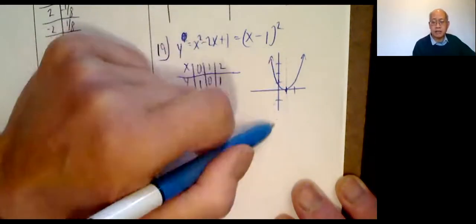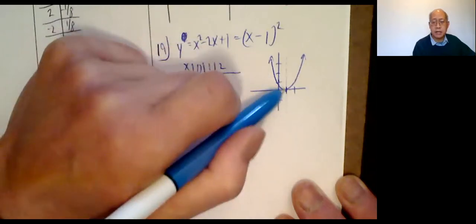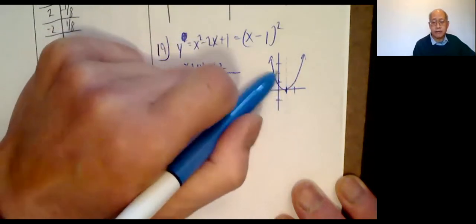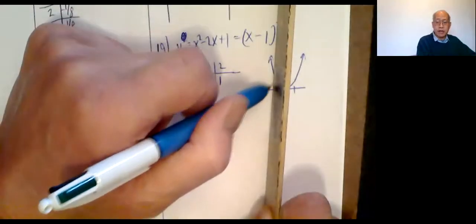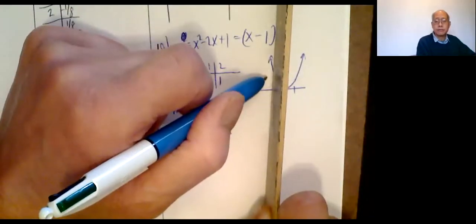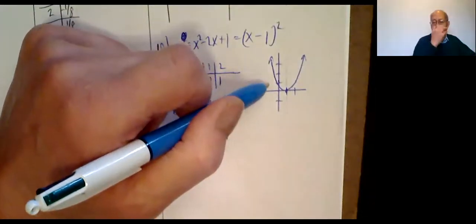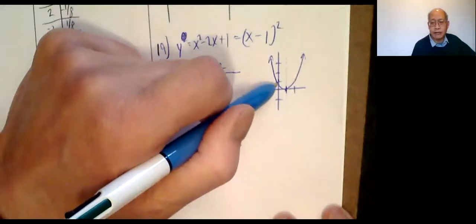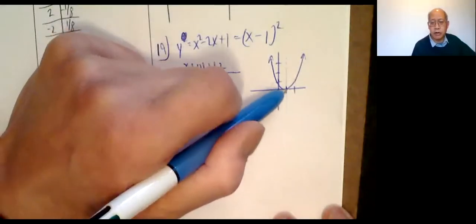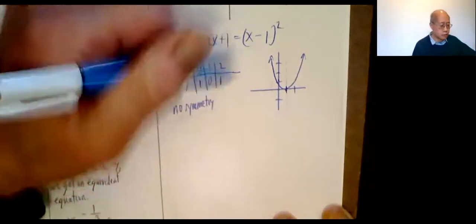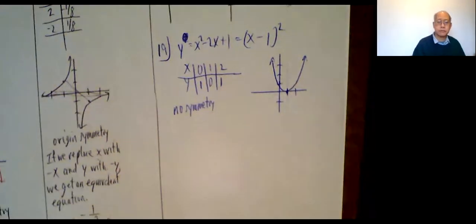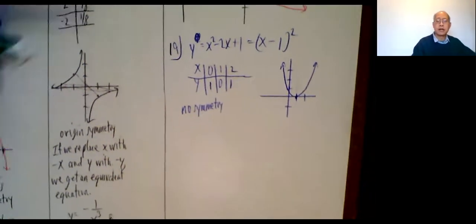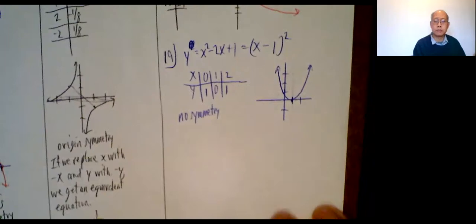And this is not a reflection across the y-axis, right? If I put a mirror right there, then I'm supposed to get something over here like that, but I don't. And it definitely doesn't have origin symmetry. Otherwise, I'd have to reflect across the origin and get a point over here. And this one should come over here, but I don't. So here's an example of no symmetry, at least with respect to the x-axis, y-axis, or origin.